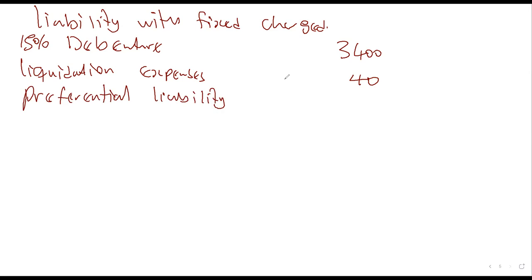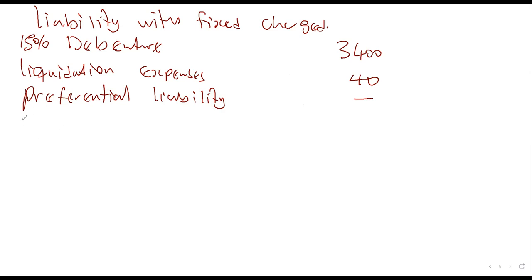It includes wages and salary in arrears. If you're owing employees, this is also part of it. In this question, we don't have any, so you put a dash.